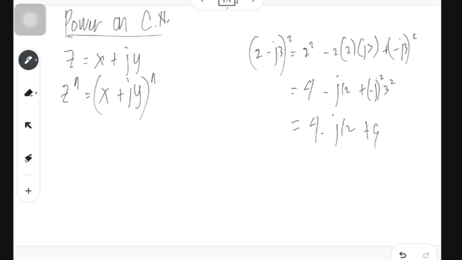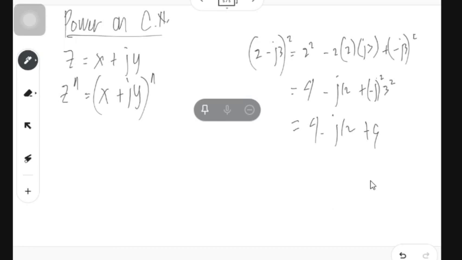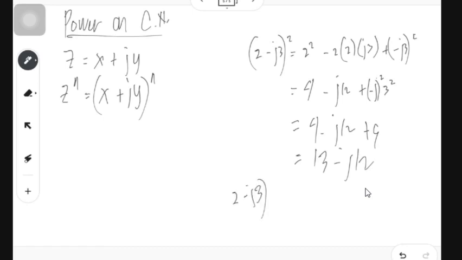Tama ba? Preceded by a negative sign, it will become positive 1. Then 3 squared is 9. So the result is 13 minus j12. Using binomial theorem. What about if, let's say, we have 2 minus j3 to the 100?